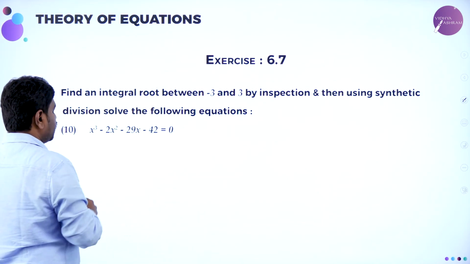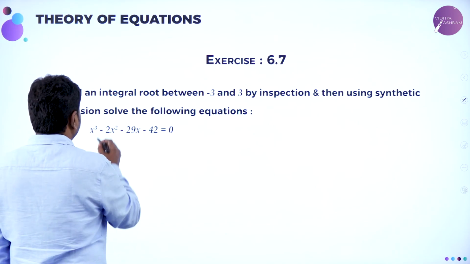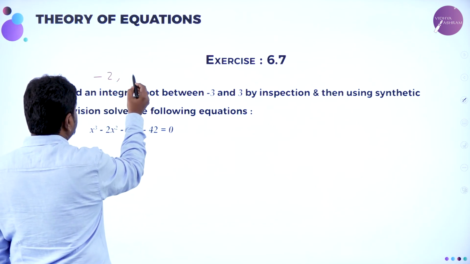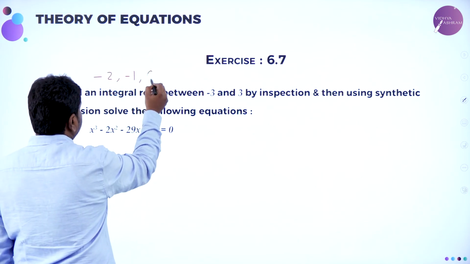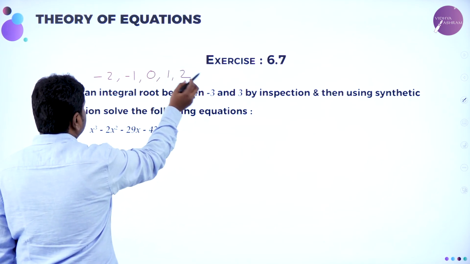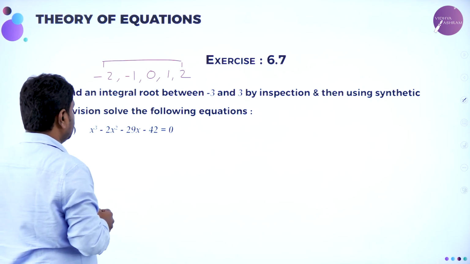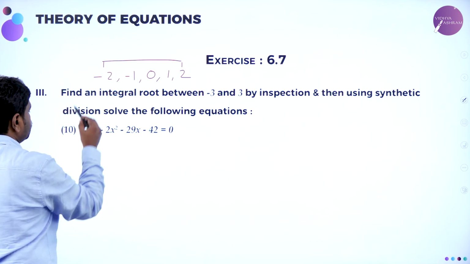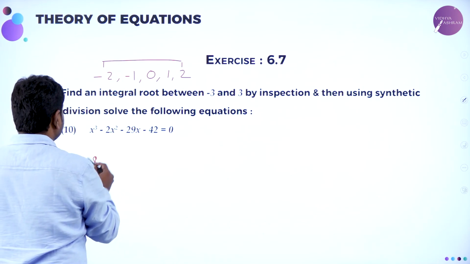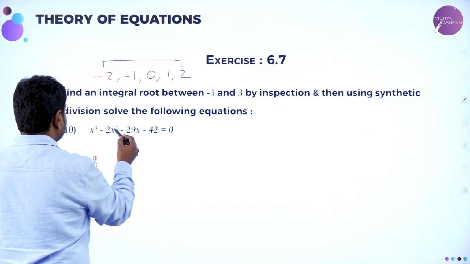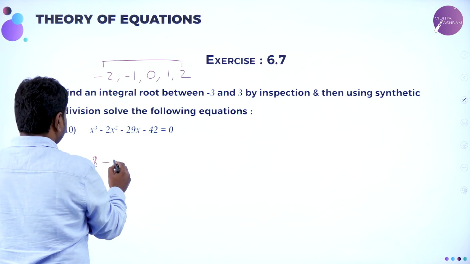So by inspection, if you want to find a root, what are the numbers between minus 3 and plus 3? Minus 2, minus 1, 0, 1, 2. So one root lies within this. That's what they told. So trial all the numbers. If I take x as minus 2, cube becomes minus 8. And minus 2 whole square is plus 4, times 2 it will become minus 8 again.